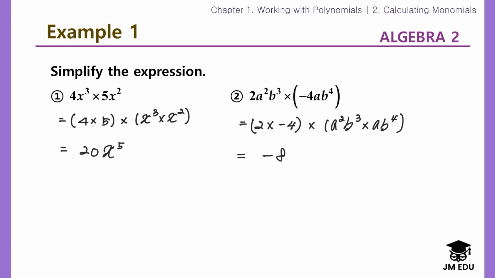And a squared times a, 2 plus 1, right? So that's going to be a cubed times b. We have b cubed times b to the 4. So 3 plus 4, that's 7, right? So b to the power of 7. So that is equal to negative 8a cubed b to the 7.